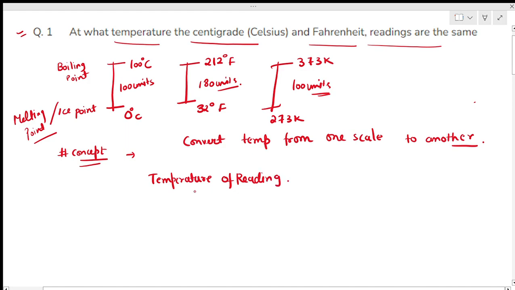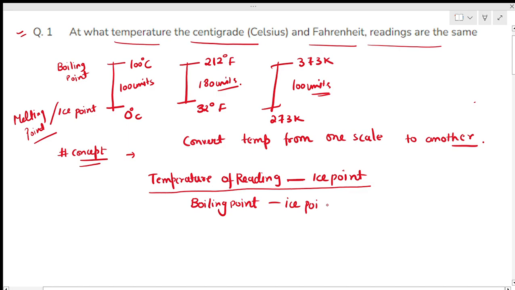Just remember the formula: reading minus ice point, divided by boiling point minus ice point, equal to temperature reading. Here you will write temperature reading.